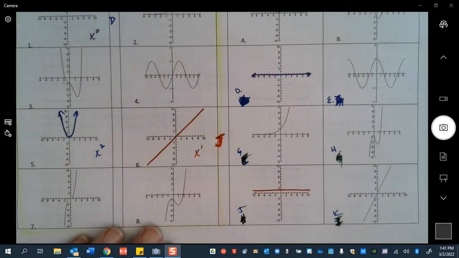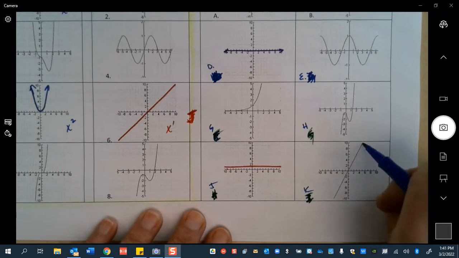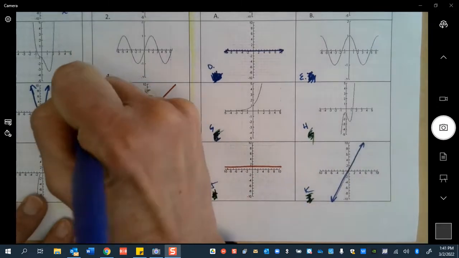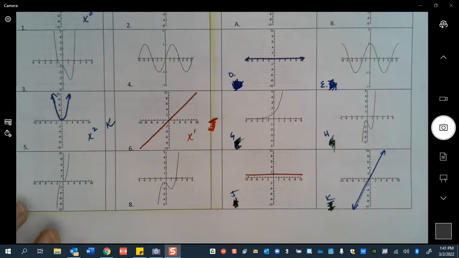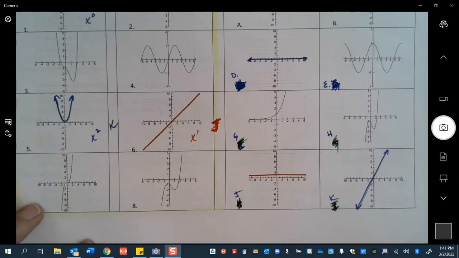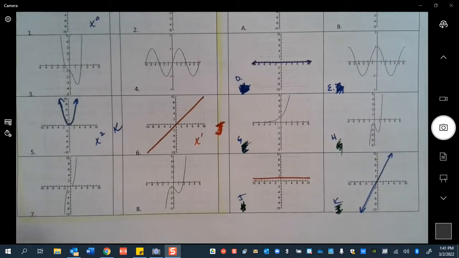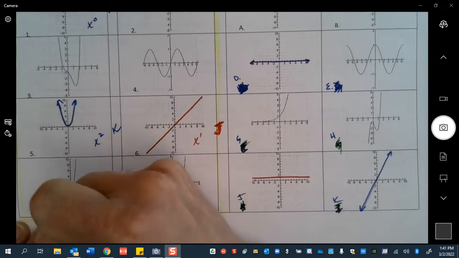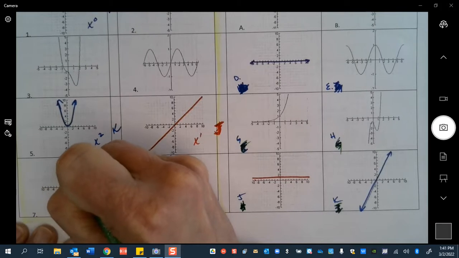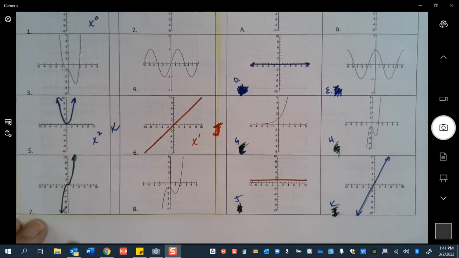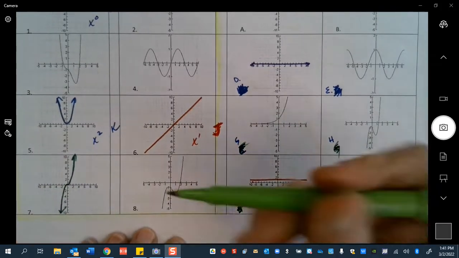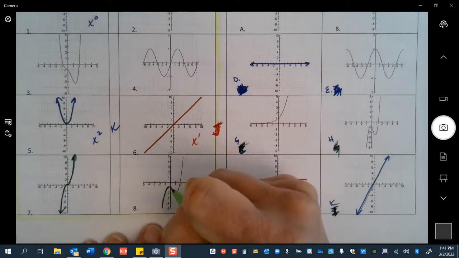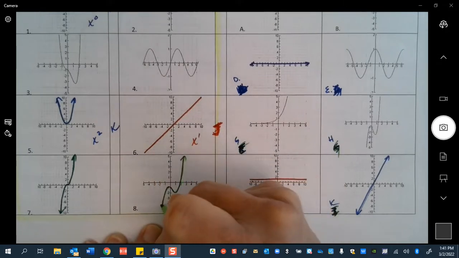So I know right away this linear graph is going to be my derivative of my quadratic. Now I have to be careful with my cubic, because this is a cubic graph in 7, and this is a cubic graph in 8.